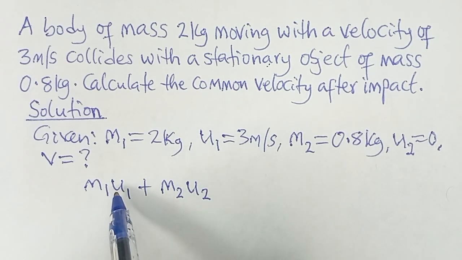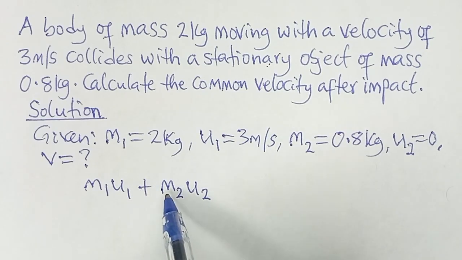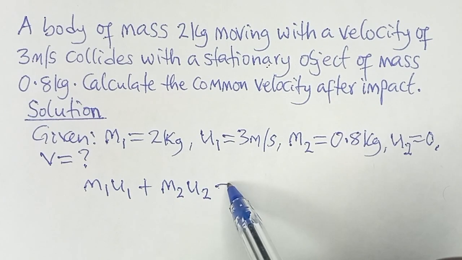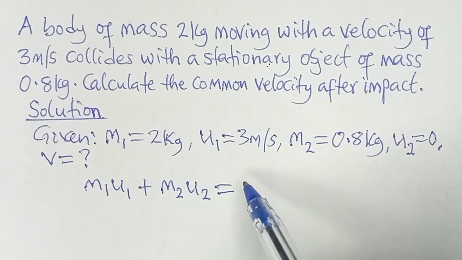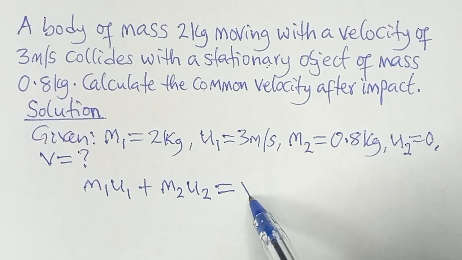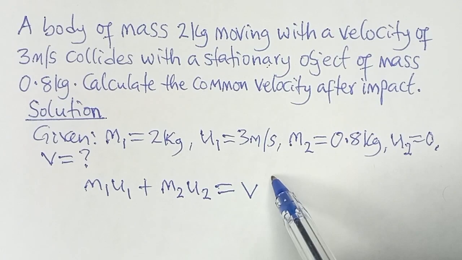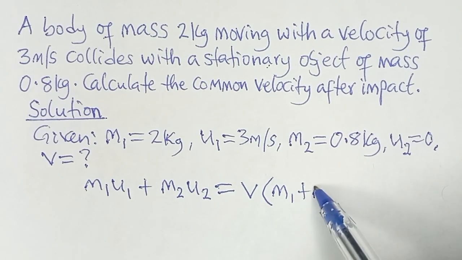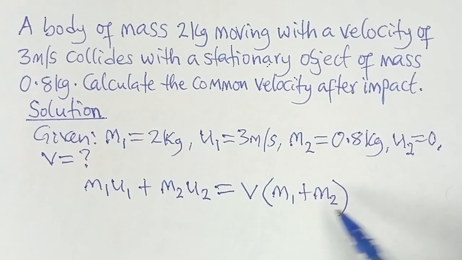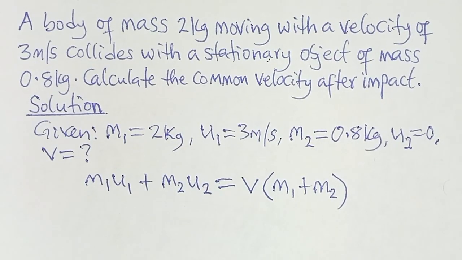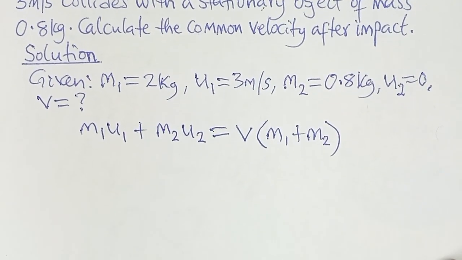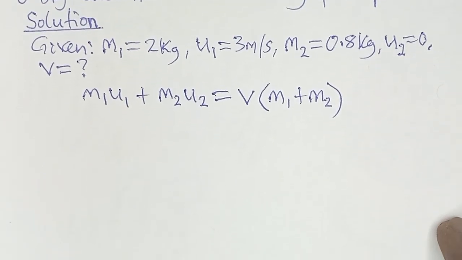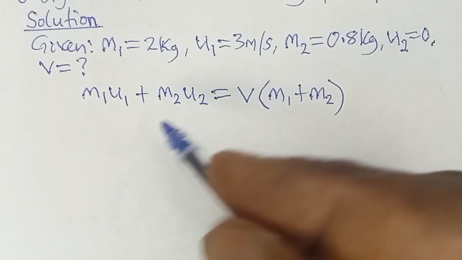So this is the momentum of the first object and the second object before they collided. After they collided, they move with a common velocity and their mass will be M1 plus M2. So momentum before impact is equal to momentum after impact. We can now substitute the values.